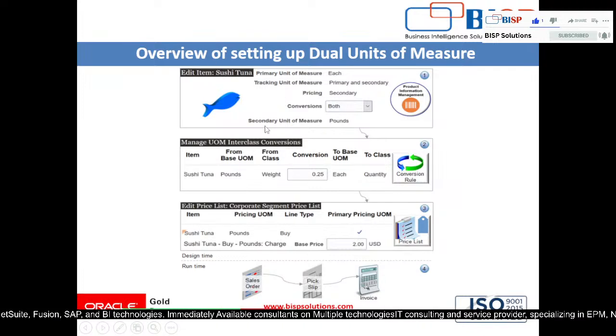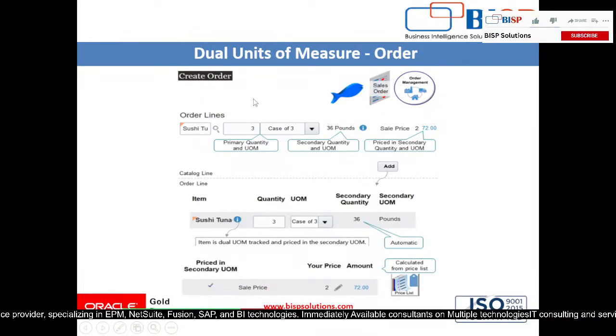So this is a basic setup for this dual unit of measure in our application, right? From creating this item in our product management, and later on we have to set this interclass conversion, and we have to set our item into our price list, right? And after that you can create this order, like purchase order, sales order, right?